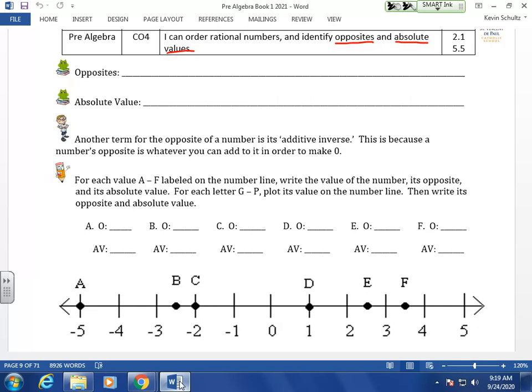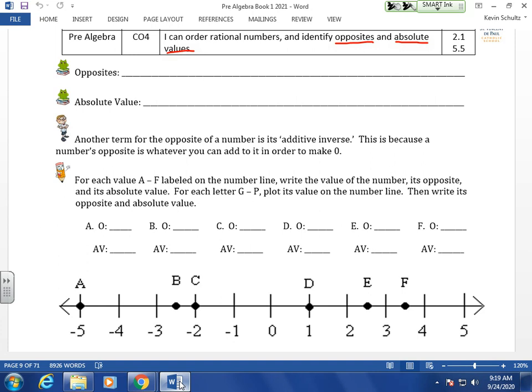7 and negative 7. And what makes each of those opposite numbers is that they are the same distance away from 0. Right? Numbers that are opposites are the same distance away from 0. 7 and negative 7 are both 7 away from 0. 12 and negative 12 are both 12 away from 0.